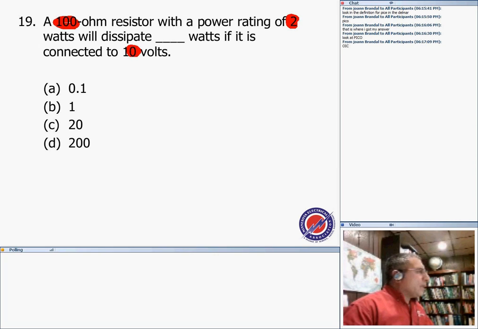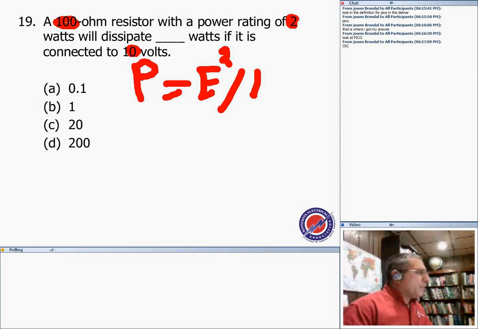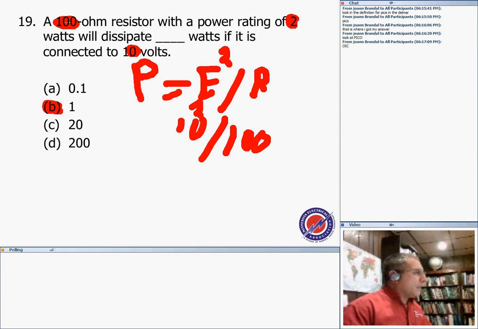If you connect it to 10 volts, you find the power using P equals E squared divided by R. The voltage is 10 to the power 2, divided by R, which is 100. It doesn't take a genius to discover that 10 to the power 2 is 100, divided by 100 gets you 1 watt, which is answer B, number 1.